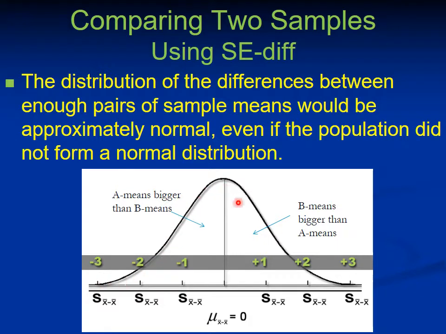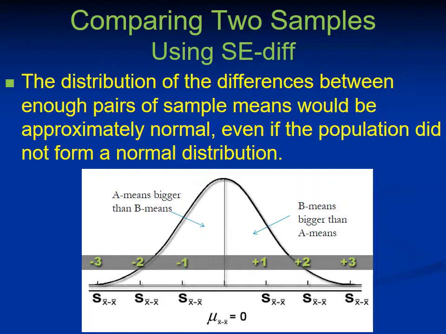It's always going to be normal, no matter what the distribution of your samples really were, right? And the mean of this distribution of differences is going to be 0, right? A mean of 0 differences between sample A and sample B.